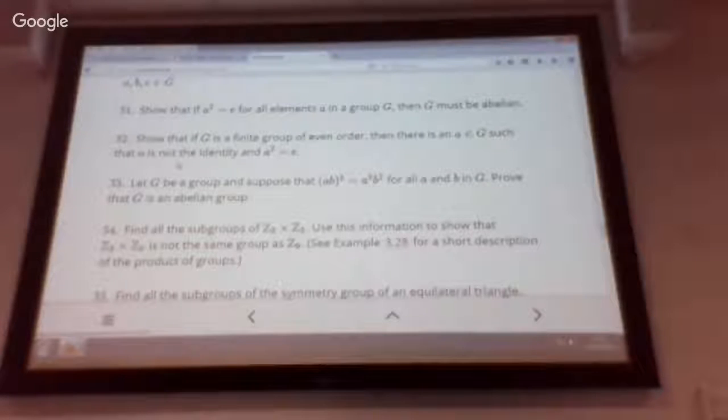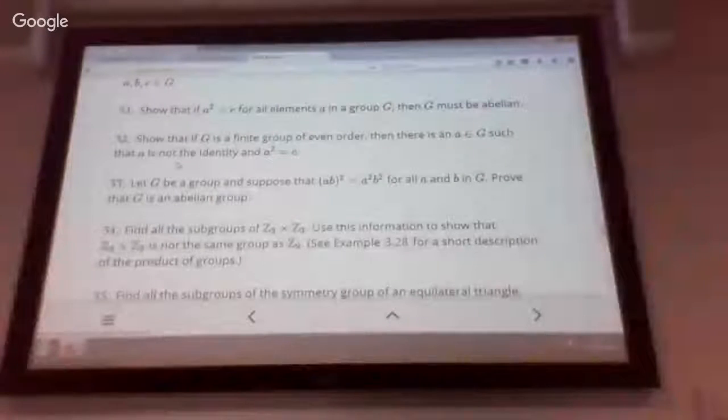And the conclusion is then there is an A in G, so there is a group element in G, which is not the identity, but does satisfy A squared equals the identity. So any group of even order, we can draw this conclusion about it.